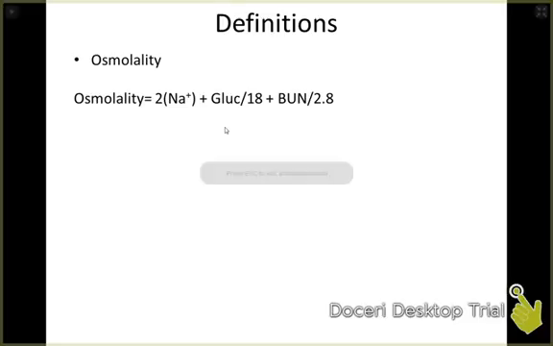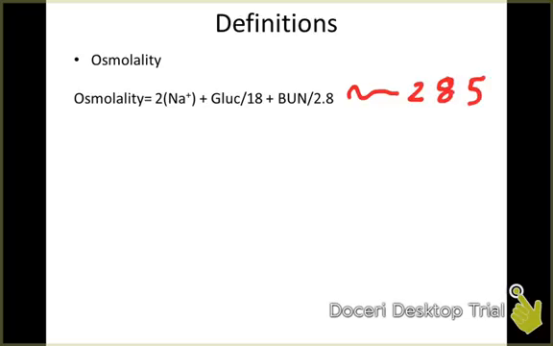The major substances that we find in the blood are found in an equation that we can use to calculate the serum osmolality. As you see here, we have a calculation of 2 times the sodium plus glucose over 18 plus BUN over 2.8. What I want to point out to you here is that we have a normal serum osmolality of 285.